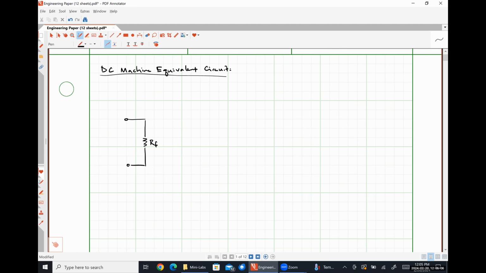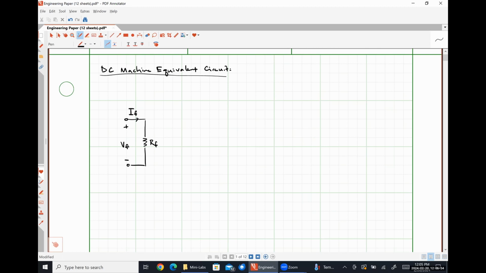So this is representative of the DC resistance of the field windings. And then we apply some field voltage VF, generating some field current IF. And so effectively, as I discussed previously, we have a simple electromagnet.